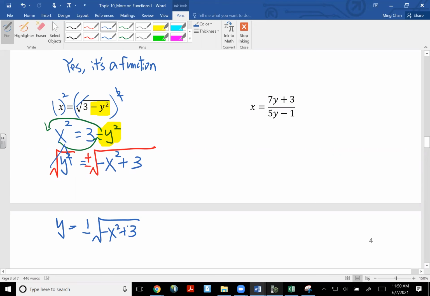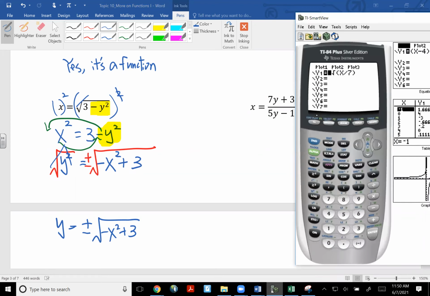So this thing looks like a square root function, but it is not. And the reason why it is not, number one, you actually have 2 answers here. Y is equal to a positive square root of negative x squared plus 3. Y is also equal to the negative one. So you actually need to put both of them in the calculator.